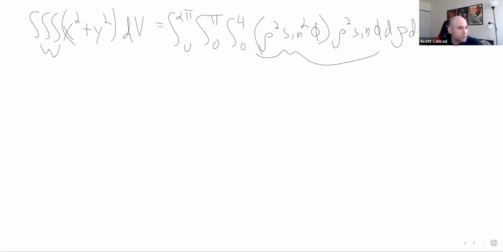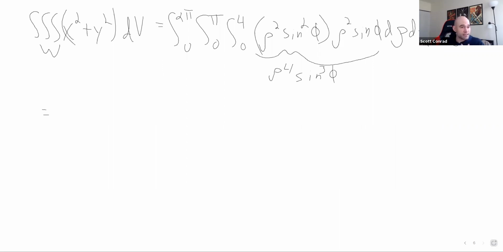So just multiply through by the rho squared sine phi. So we get rho to the 4 sine cubed phi d rho d phi d theta. Okay, so really super quickly, the inner integral, we're integrating with respect to rho.